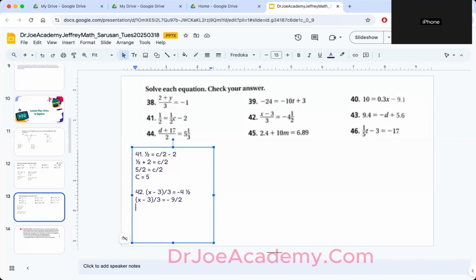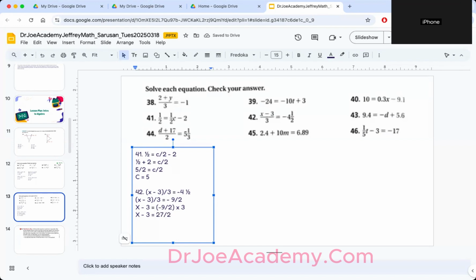Sure. So we can do x minus 3 on the left. And so then that'd be 12. Wait, no, that'd be not. Wait, 4.5 times 3. Okay, that's 13 and 1/2, which equals 27/2. 27 over 2.